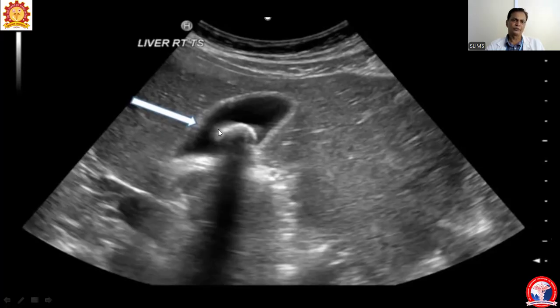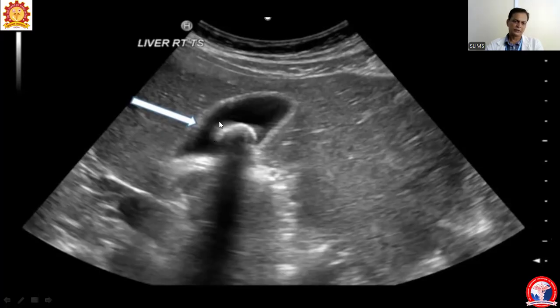This is diagnostic of a calculus, which is posterior to that. Actually, the sound waves don't reach, and this doesn't reflect back, and this acoustic shadow is seen. So again, I'm repeating, this is the calculus, intraluminal calculus, gallbladder is normal.